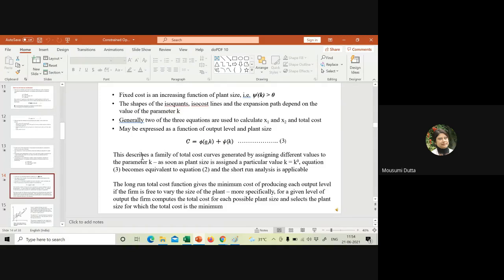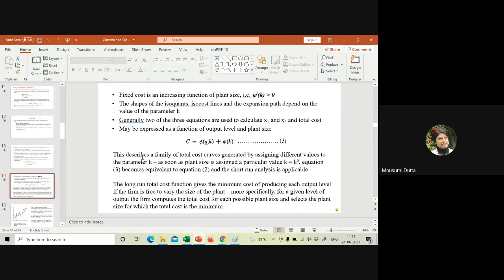However, if you select a particular value of K, it will become a short run total cost function. Just this difference is there. A variable component you have in your hand; when you fix the value of that variable component, it becomes short run analysis.